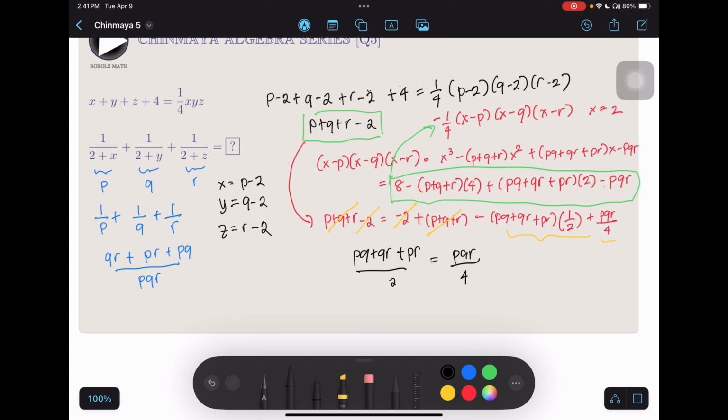And then lastly, we can simplify this by using cross multiplication and division. So this becomes pq plus qr plus pr over pqr is equal to 2 over 4, which we simplify to 1 half. Therefore, the expression that we want is actually equal to 1 half.